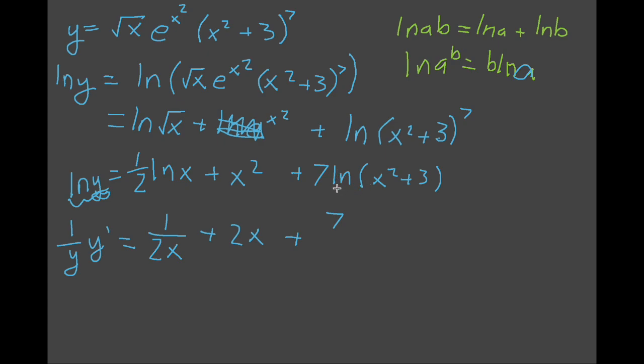And then the natural log, we're going to have to think outside, inside, right? So this will become 1 over x squared plus 3 multiplied by the 7. So we'll just put it straight there on the bottom, x squared plus 3. And then multiplied by the derivative of the inside, which would just be 2x. And then this would be our final answer.